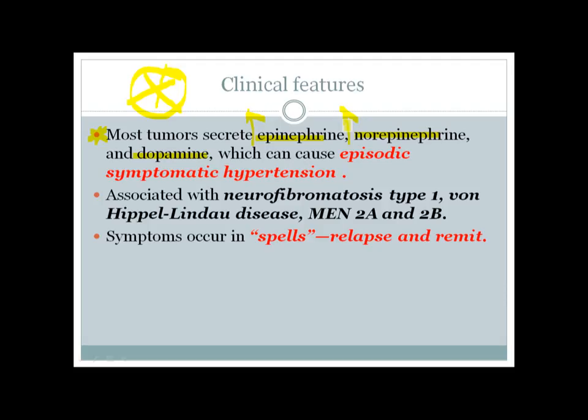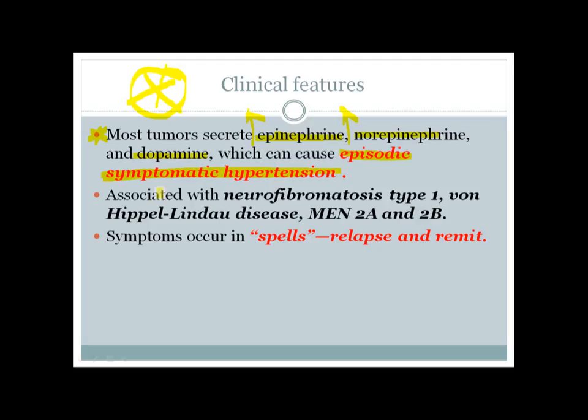This increased level of those chemical substances occurs in an episodic manner, and the main action is on the cardiovascular system, especially on the alpha-1 receptor. They increase vasoconstriction, and that's why they increase the total peripheral resistance, increasing blood pressure. So episodic symptomatic hypertension is the classic manifestation of an adrenal tumor or pheochromocytoma.